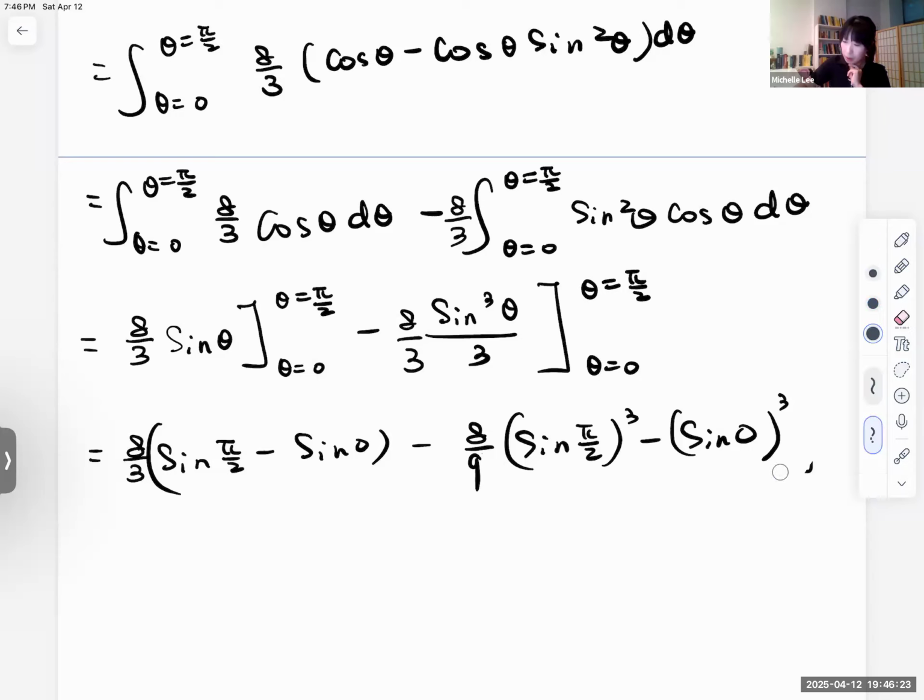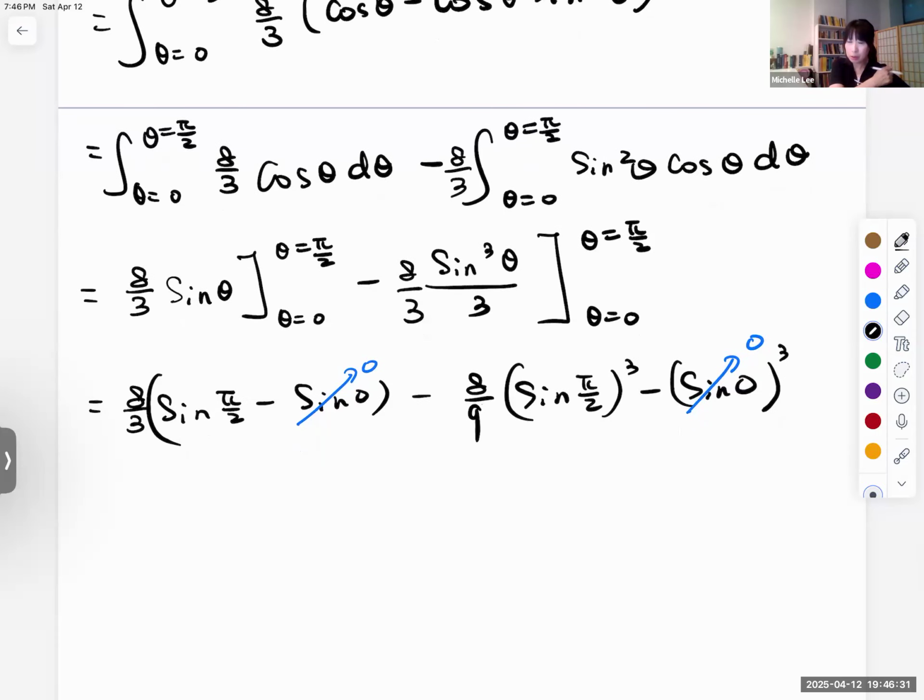Okay, can you please calculate? So this is 0, right? Sine 0 is 0, and sine pi over 2 is 1. So we have 8 over 3 minus 8 over 9, which with common denominator is 16 over 9, which is 1.7777. Okay?